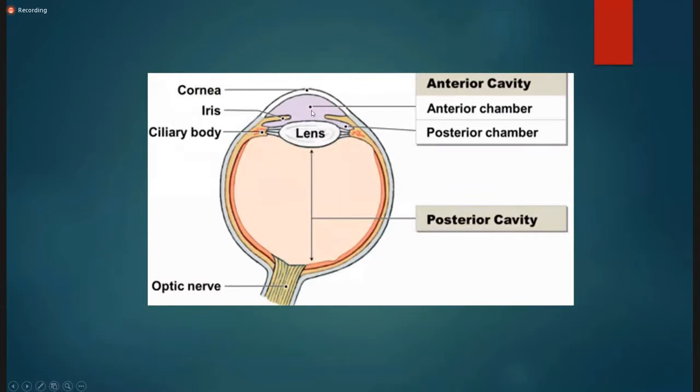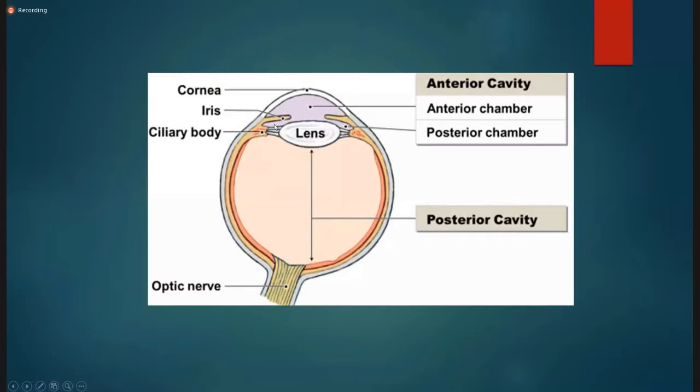The anterior segment starts from the cornea up till the lens. It has got two chambers. The anterior cavity has got two chambers: anterior chamber and posterior chamber. The iris divides the anterior cavity into two chambers.